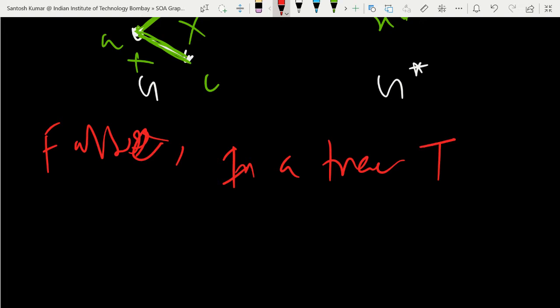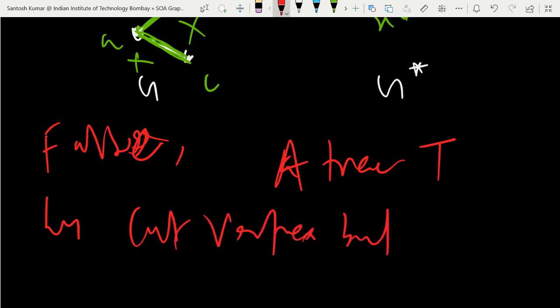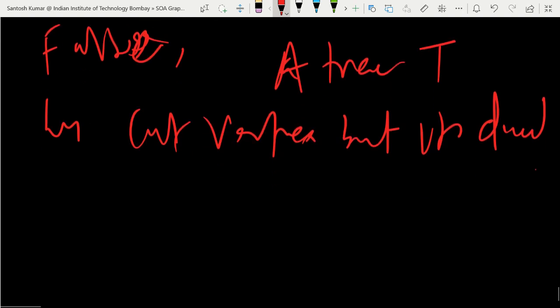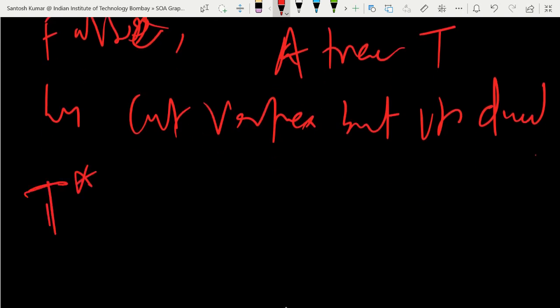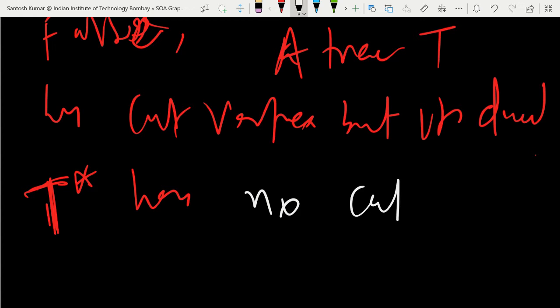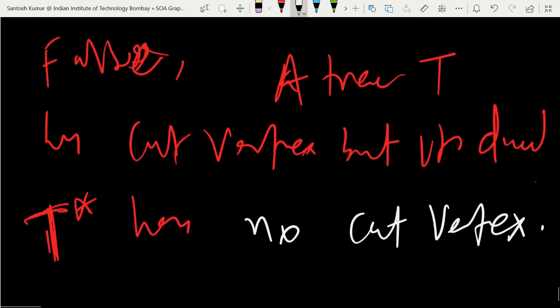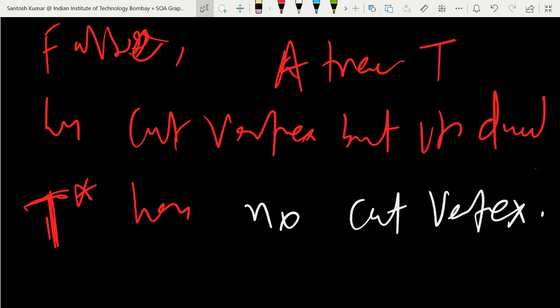Let's say a tree T has a cut vertex, but its dual T star has only one vertex joined with loops, so it has no cut vertex, because if you convert T into T star, in T star there will be only one vertex with loops, so it will not be a cut vertex.